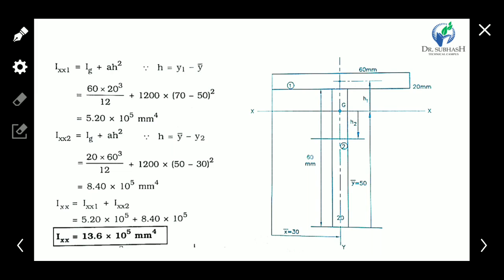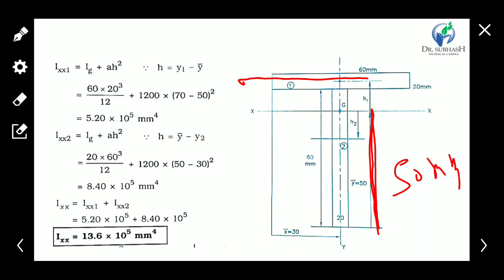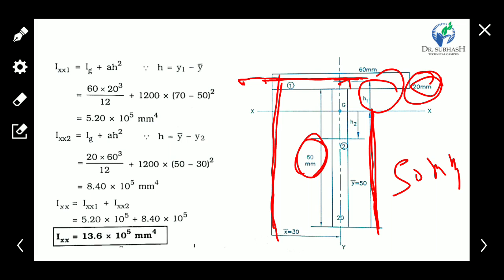How do we find it? We have a y bar value from the base of 50 mm. The CG of this element is half of 20, that is 10, plus 60, which is 70. 70 minus 50 gives us h1.